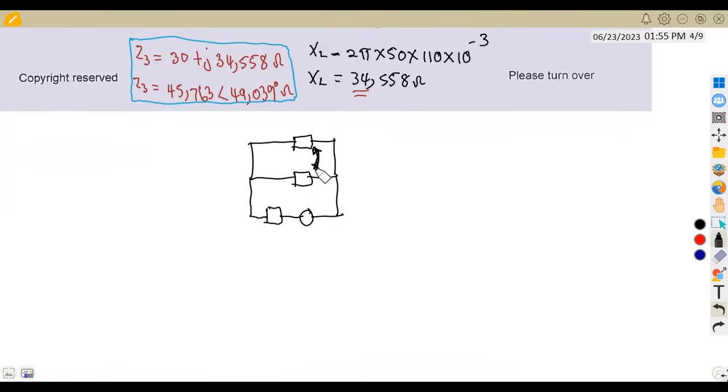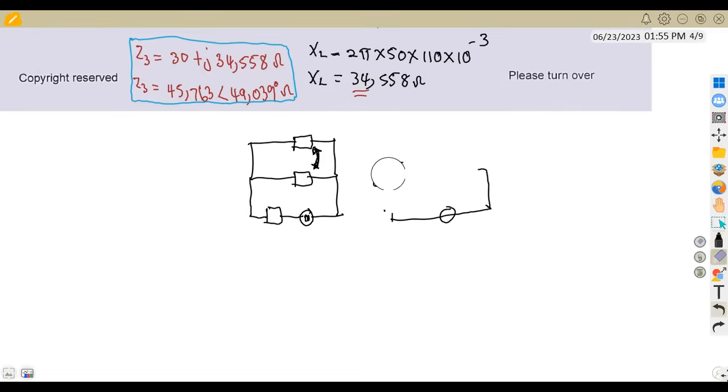Then after being combined in parallel, our circuit was supposed to be like this: the one that we are having here in series with our voltage source and the parallel combination. So this will be in series now. So meaning to say we can calculate the total impedance by adding these two, the parallel combination that we got and this one that we were having before. So this is what you're simply having.